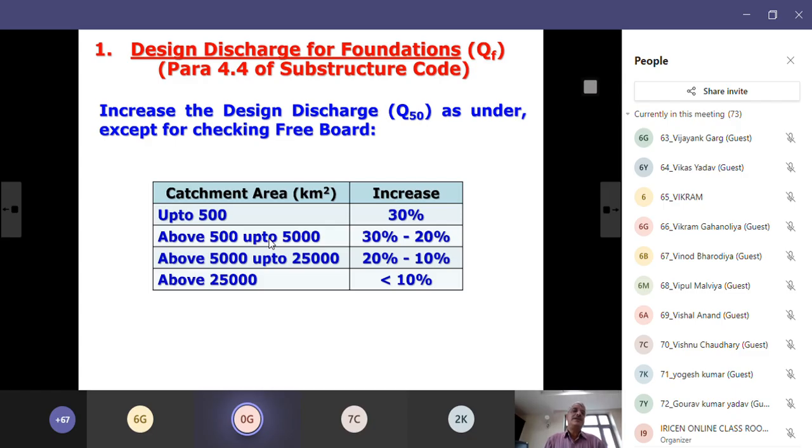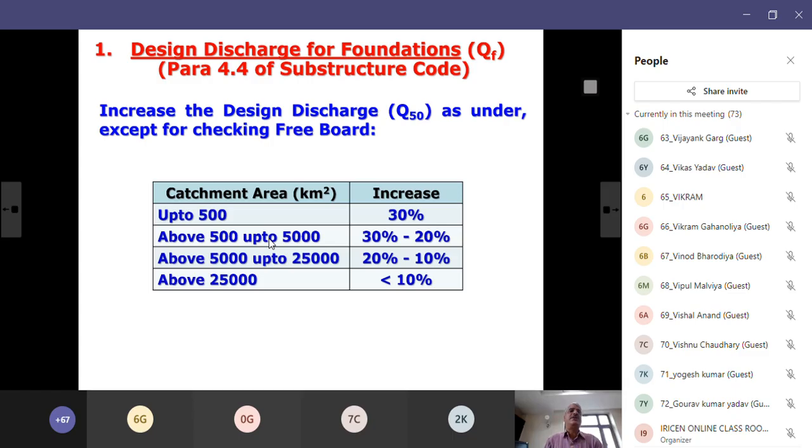The larger your catchment area, the more accurate is your prediction of design discharge. आप देखिए, for a small catchment you use RBF 16, which is a very approximate report, some few formulas, and you do it. When you go to a medium size catchment area, you go to the Flood Estimation Report, which is more accurate than your rational formula or RBF 16 approach, but again not very accurate.